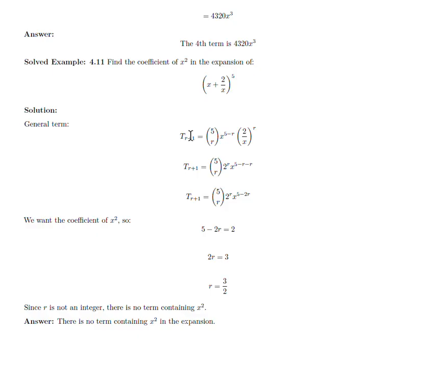So the r plus 1th term will be 5 combination r, x raised to power 5 minus r, times 2 over x, which is our b, raised to power r. That's from the formula. 5 combination r, we cannot evaluate because we need r to be a number, so we'll leave it that way till we get r, times 2 raised to power r.